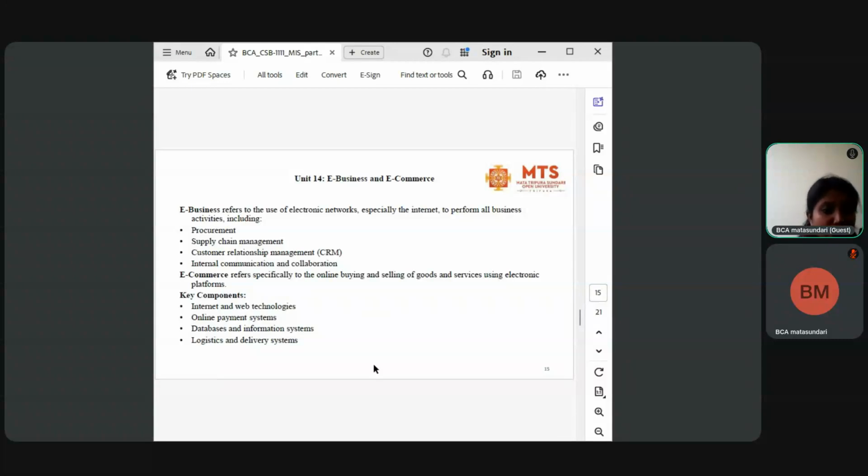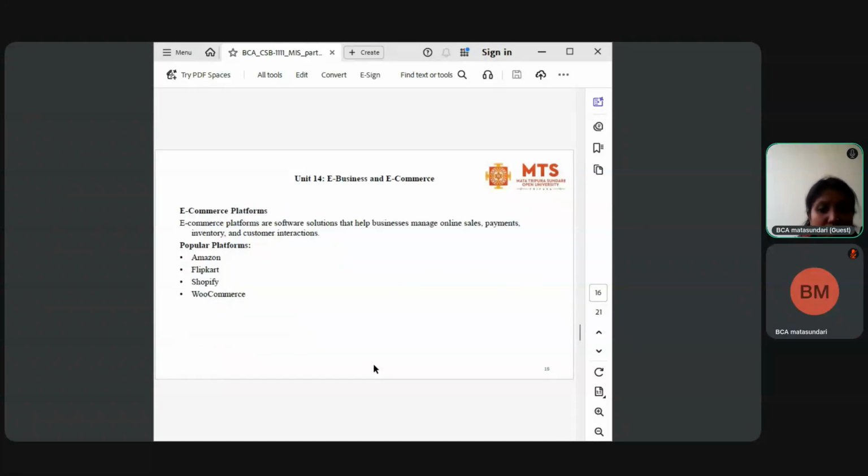And e-commerce refers specifically to the online buying and selling of goods and services using electronic platforms. Key components are internet and web technology, online payment systems, databases and information systems, and logistics and delivery systems.